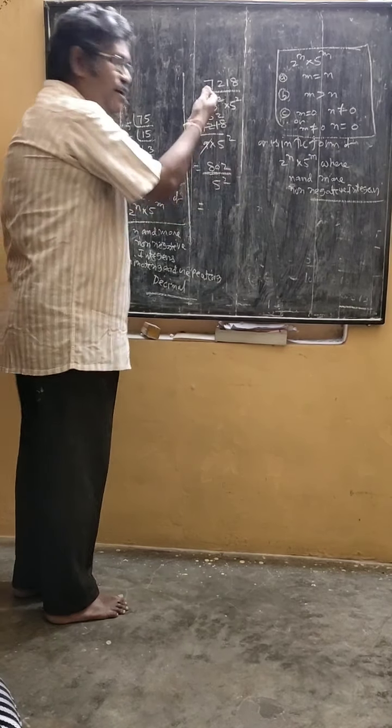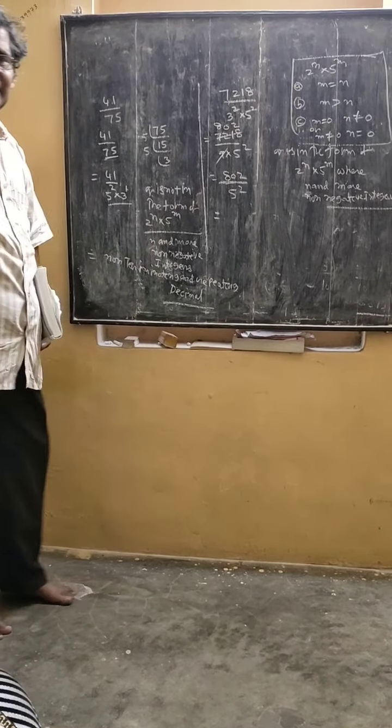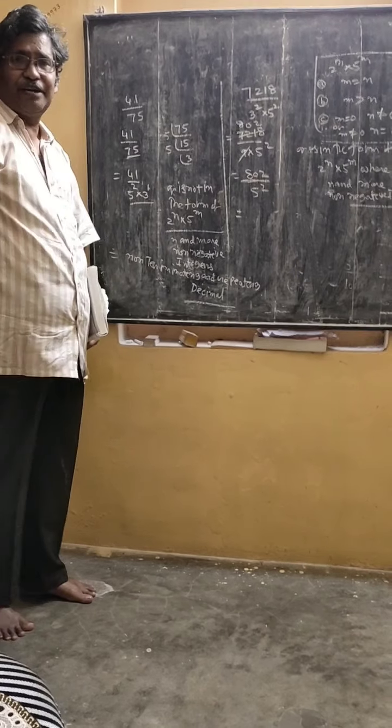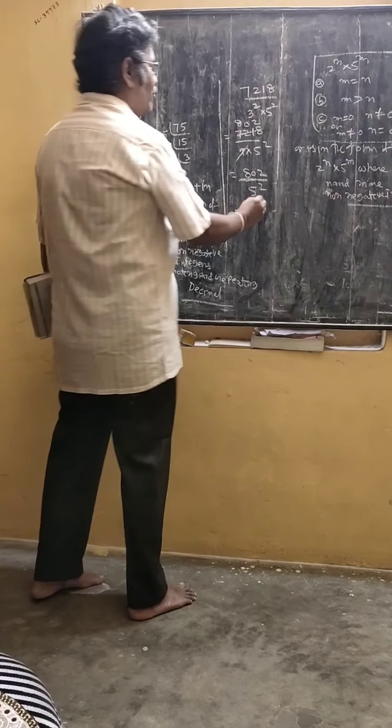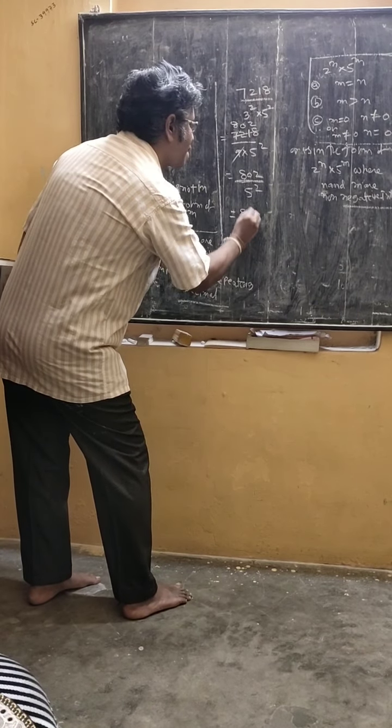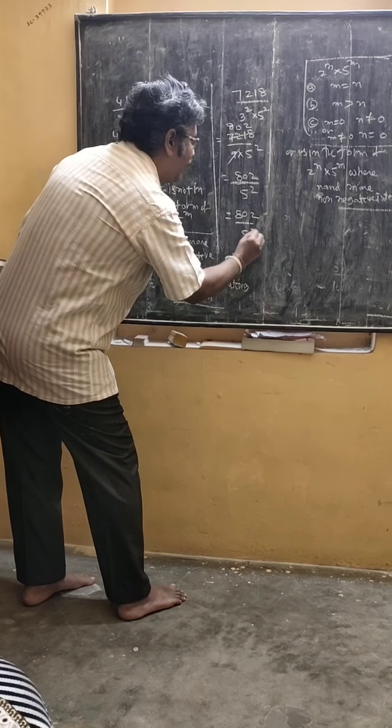So we want to convert it into decimal form because it is a terminating decimal. How? 5 square is there in the denominator.